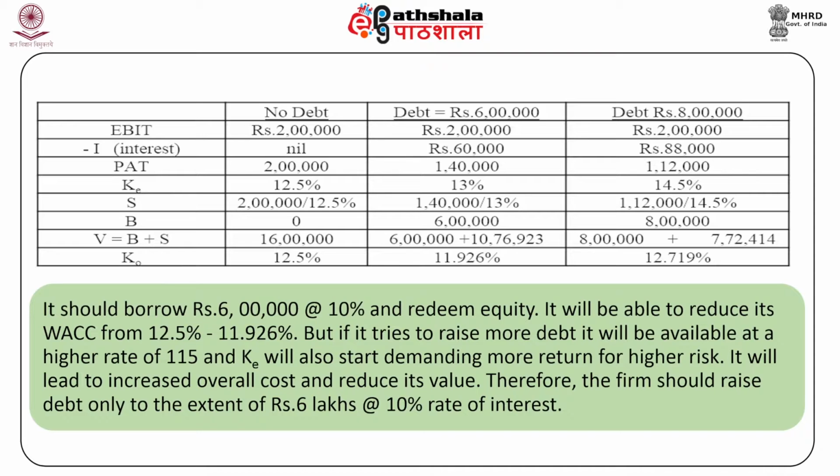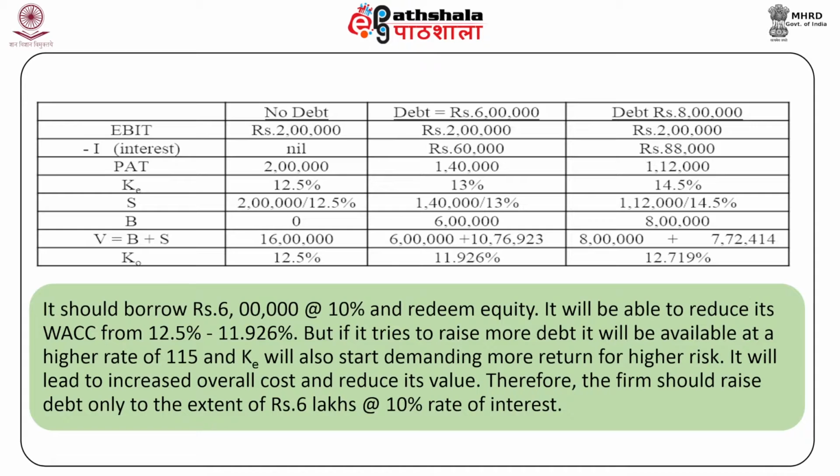Now look at the third column. Here you have taken a debt of 6 lakhs. EBIT is again 2 lakhs. The interest on this is 60,000. The PAT is 1,40,000 and KE has gone up to 13%.